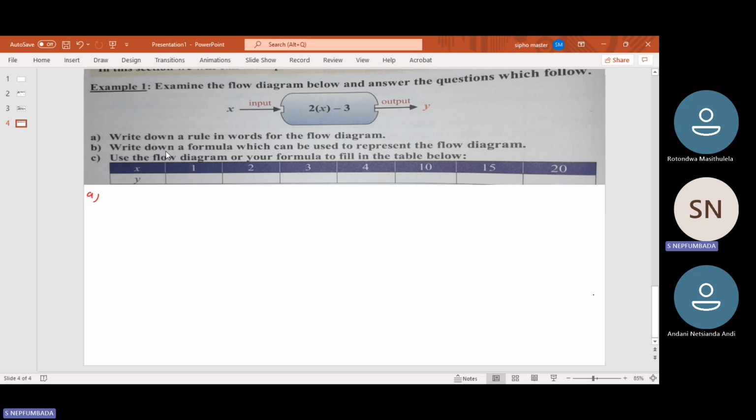So what did you write on the rule? They say write down a rule in words for the flow diagram. You are explaining this diagram, by the way.